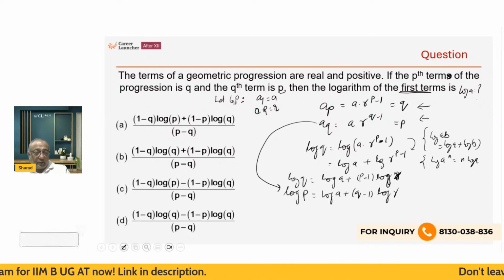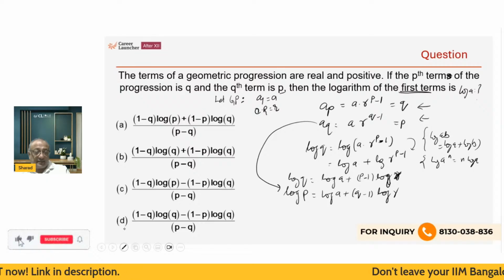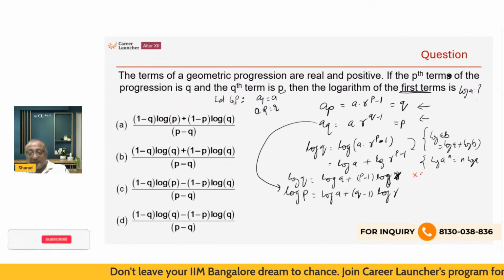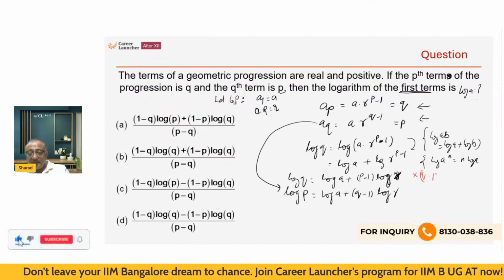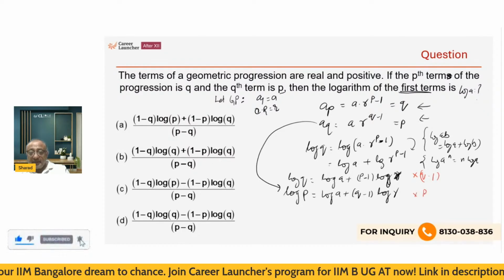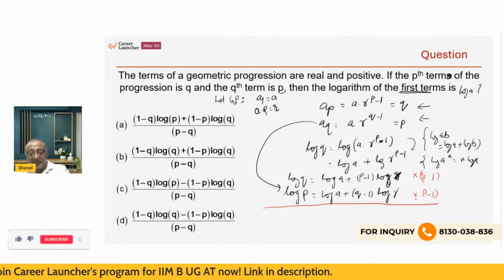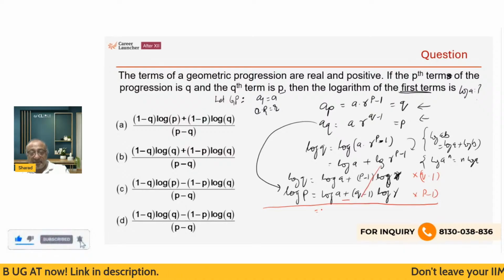So what we will do, I'll change the color of the pen and solve this as a pair of linear equations. I'll multiply this with q minus 1 and multiply this with p minus 1 and subtract. If I subtract, this term will get cancelled. And what will we have here?